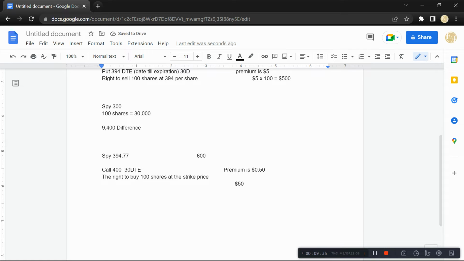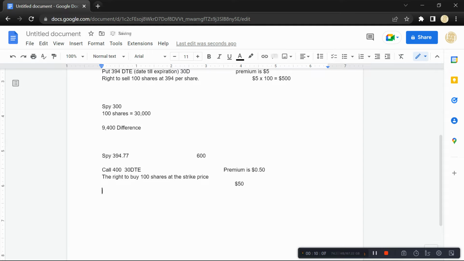If it's at $600 and I decide to exercise this contract and I buy 100 shares at $400, I'm making a $200 difference in profit per share, and I got 100 of them. So I'm making 20 grand.